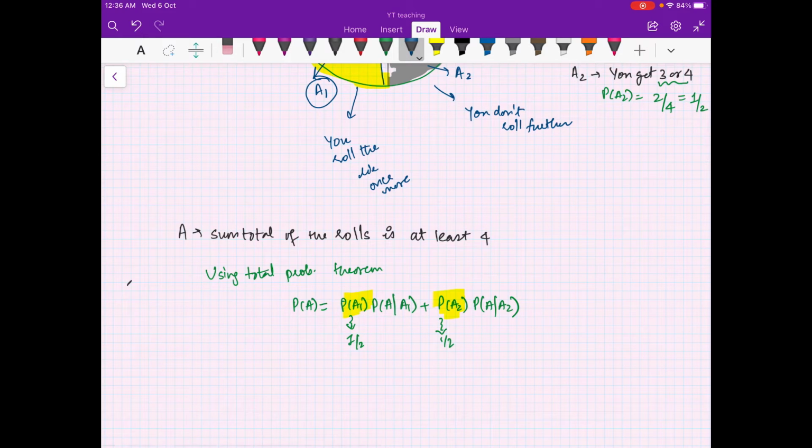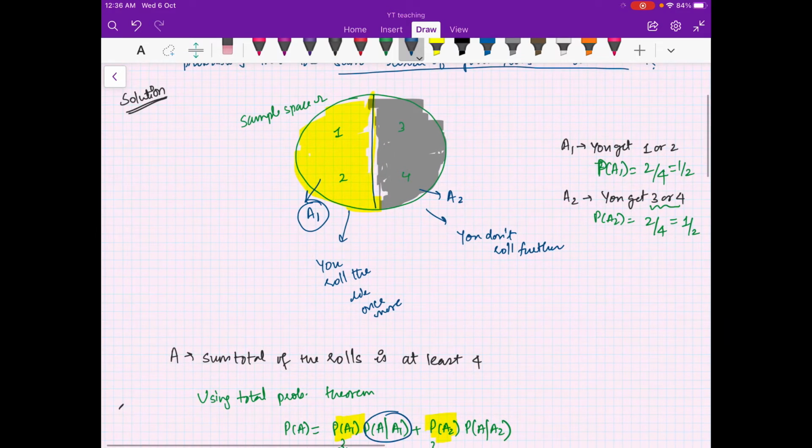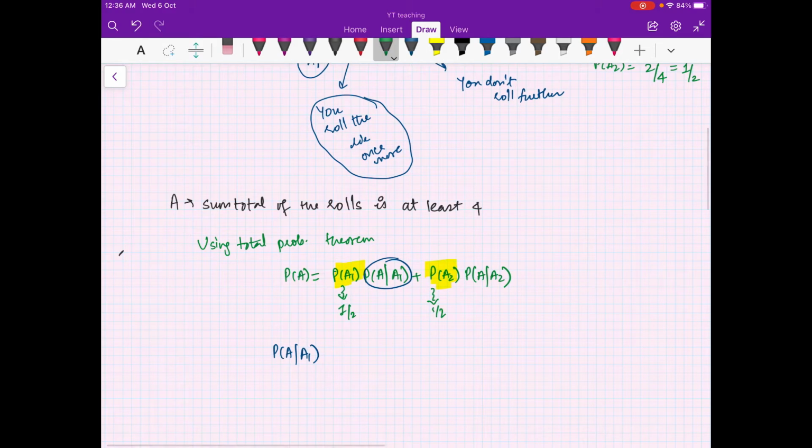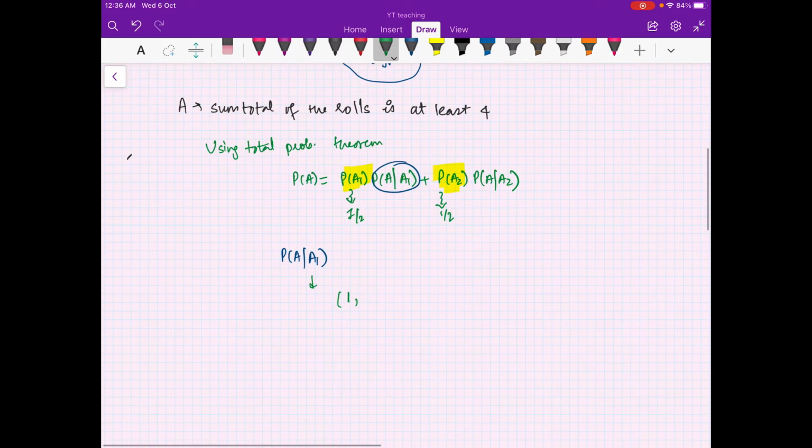Now can you tell me what is the probability of A given A1? When A1 happened, you are going to roll the die once more. If you get 1 in your first roll, you roll again, and either you get 1, 2, 3 or 4.